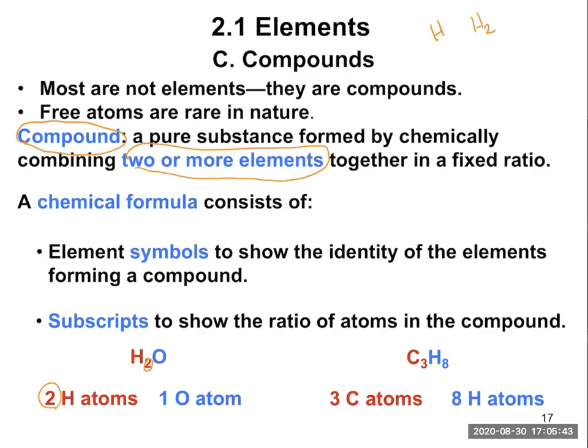For example, this one indicates that you have 3 carbons and 8 hydrogens. Sometimes you will see a subscript outside parentheses. That subscript, that 2, is going to correspond to the carbon and hydrogen. So if I ask you how many carbons you have, you will say 2 times 3, which is 6. How many hydrogens? 8 times 2, you will have 16. That's what that subscript means if you see it later on.